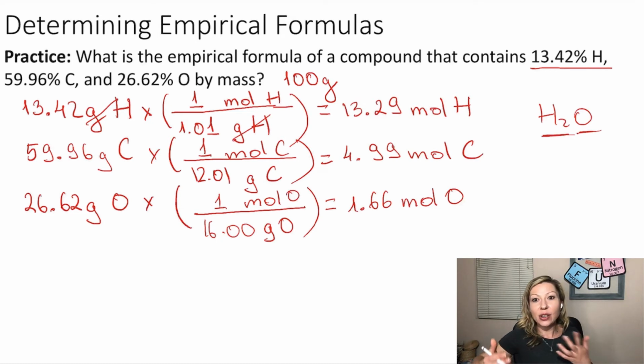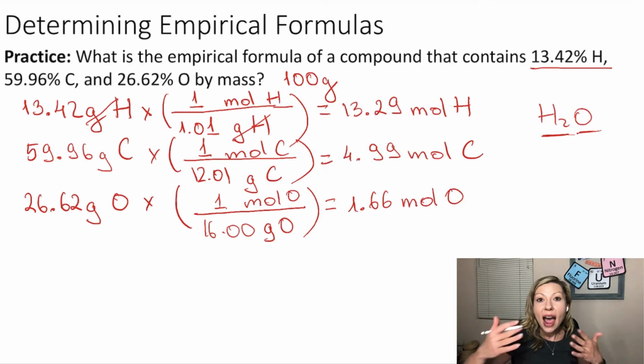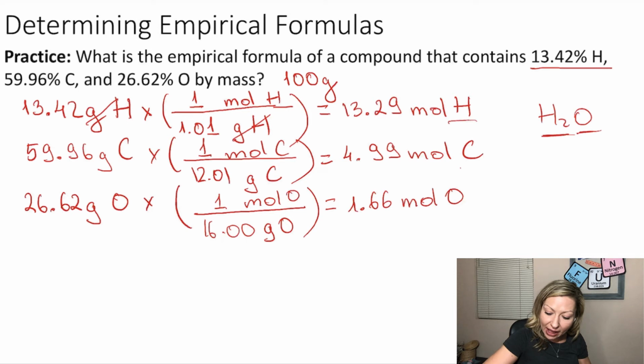So the ratio of oxygen to hydrogen is 1 to 2. I am expressing it not only by the number of atoms in the formula unit, but I can also say 1 mole to 2 moles, right? So in this case, to figure out the empirical formula, I can take the mole ratios of these three elements.